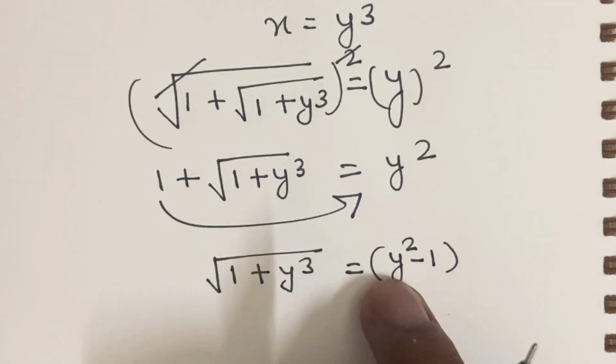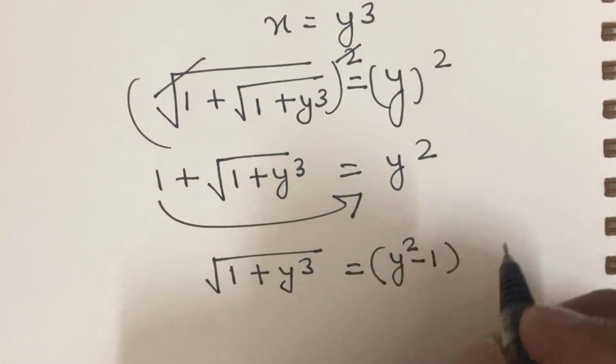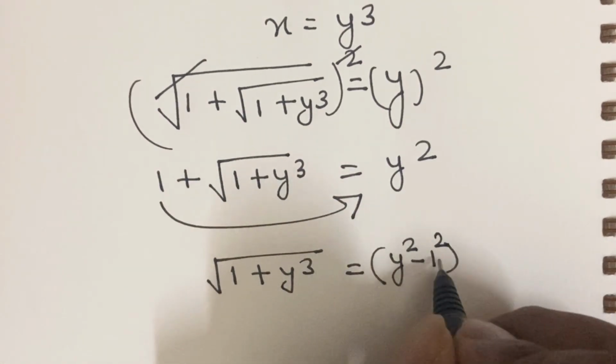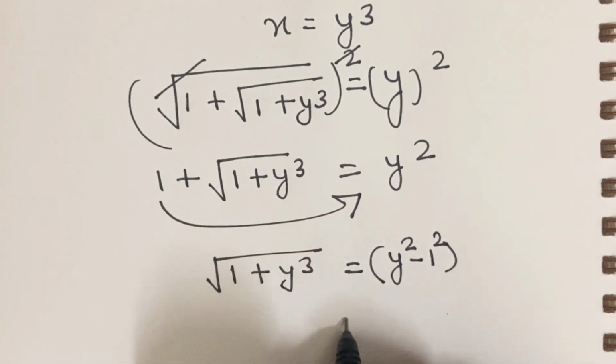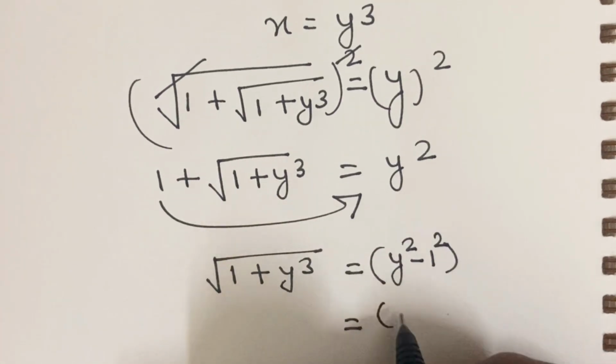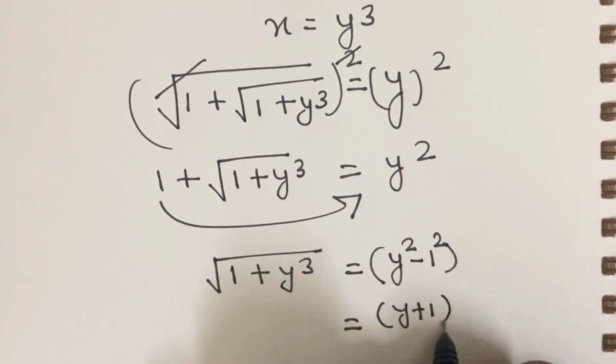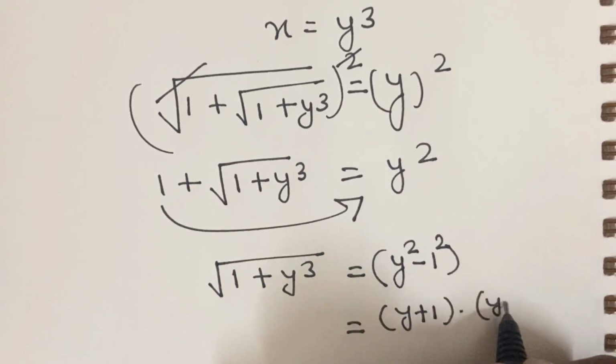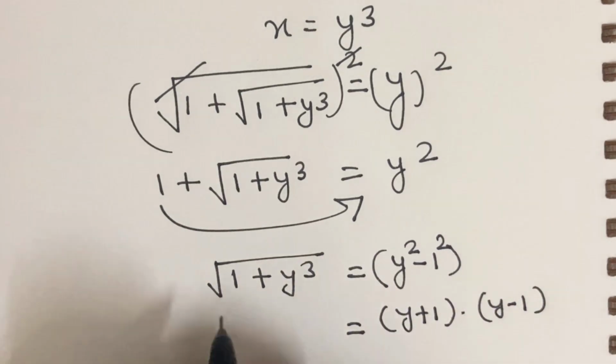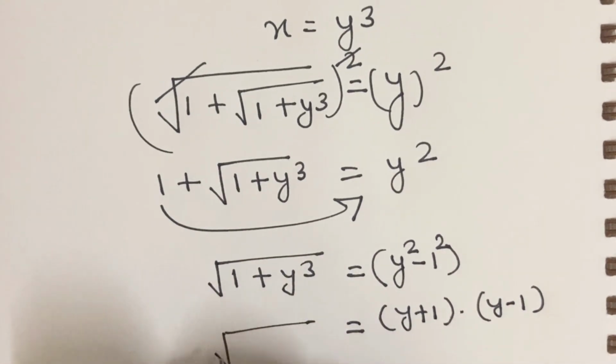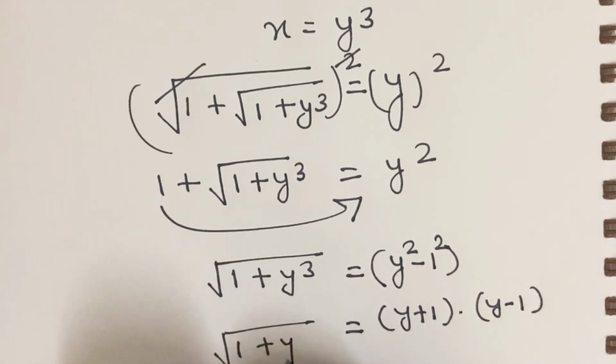So now this y square minus 1 is in the form of a square minus b square. So it will be equal to y plus 1 multiplied by y minus 1, which is equal to square root of 1 plus y cube.